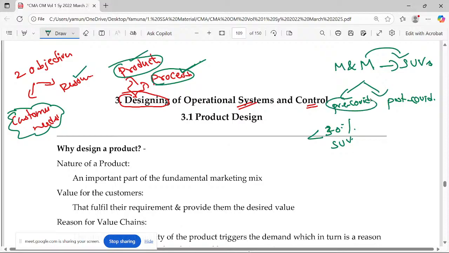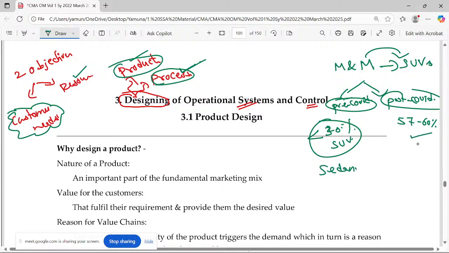That's what was happening before COVID. But after COVID, many started liking that way of seating arrangement, even on a highway drive, and you won't believe it is now capturing somewhere around 57 to 60% of the domestic vehicle market. Earlier it was sedans and other models, and now it is SUVs. We know the SWOT analysis, right?